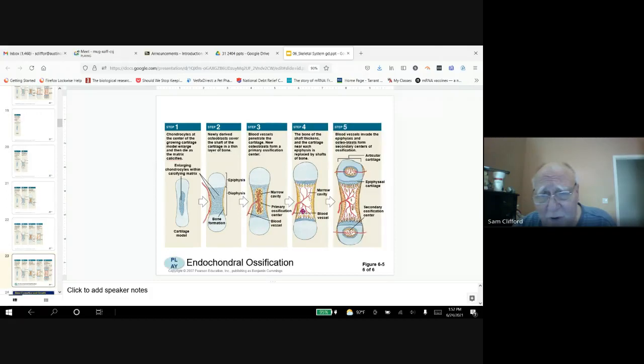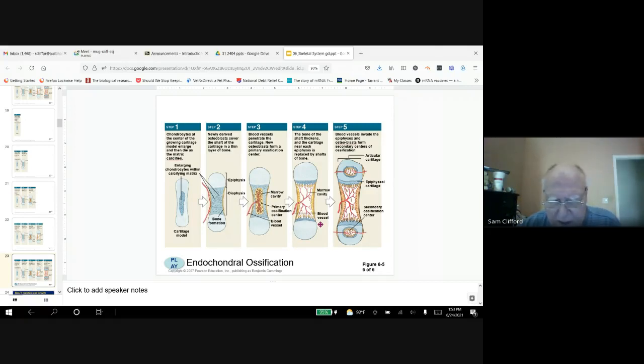Just know that the pattern is from cartilage to bone, where the cavity is hollowed out by osteoclasts. Blood vessels grow into the marrow cavity and into the ends of the bones. You have primary ossification and secondary ossification. So this is the endochondral ossification.